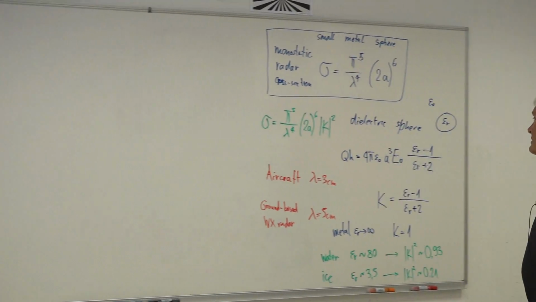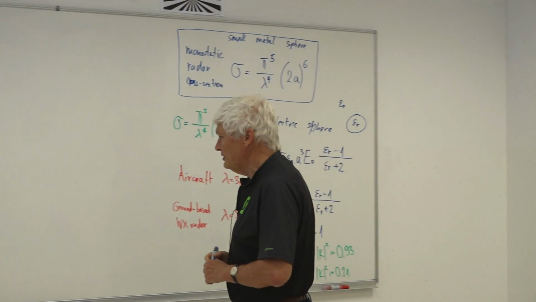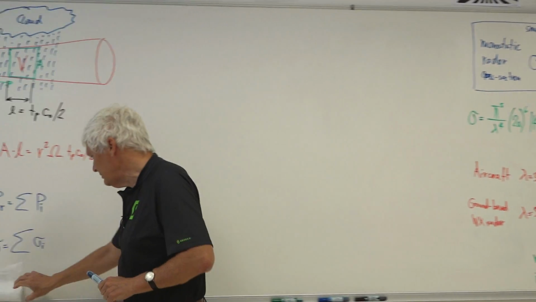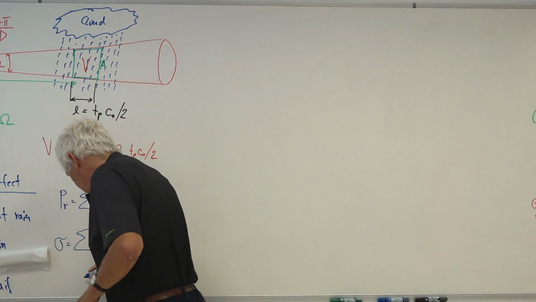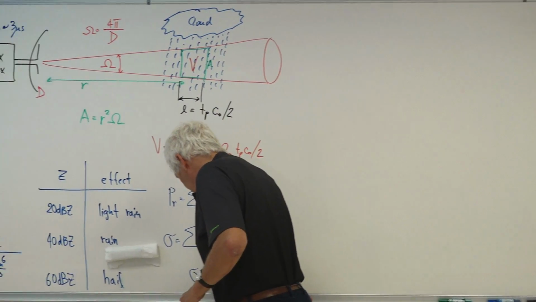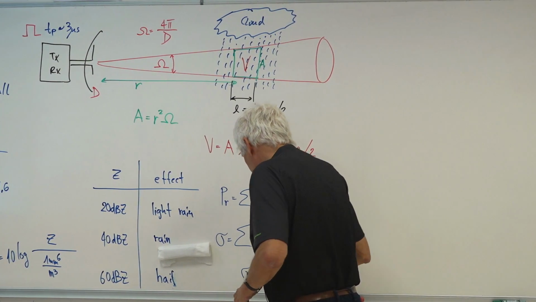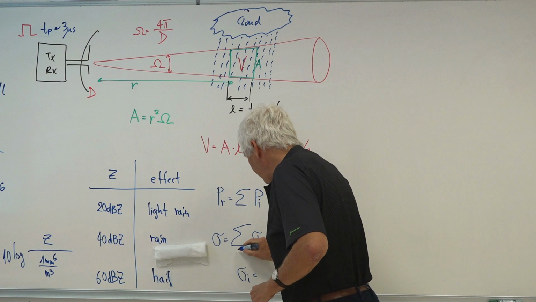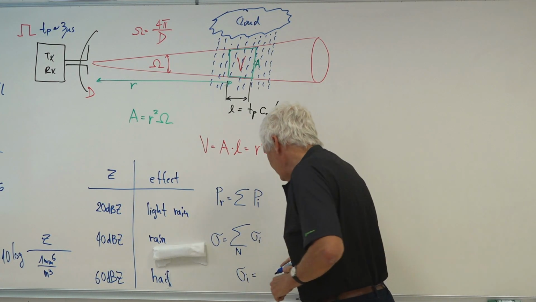Now, how do these things look? What is the reflection coefficient of a single droplet? The radar cross-section of the drops, sigma, is the sum of sigma I over n drops, where n is the number of drops we have.